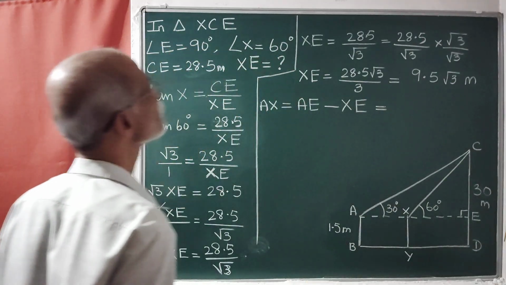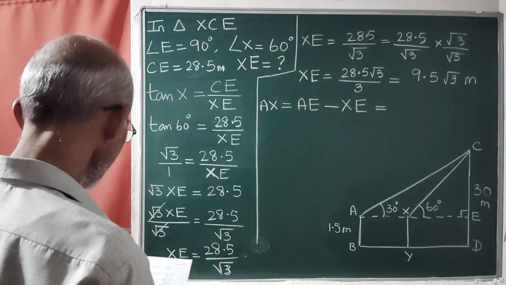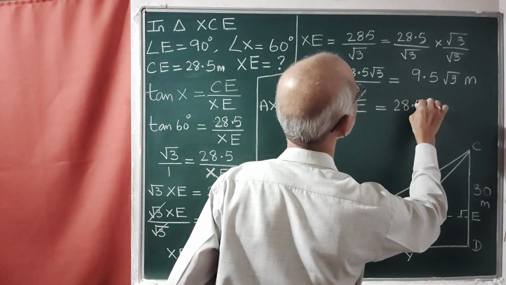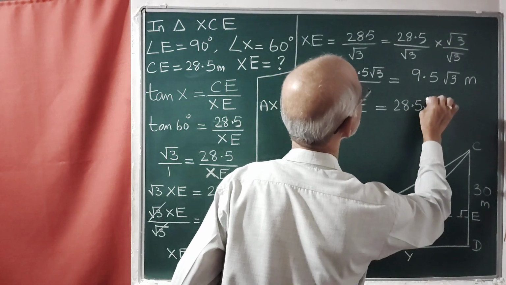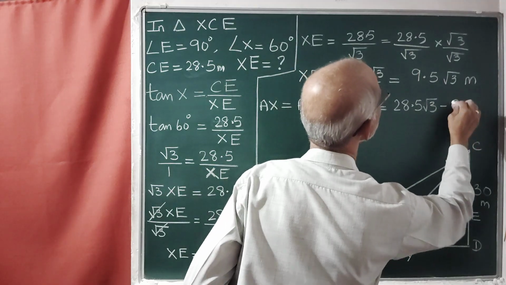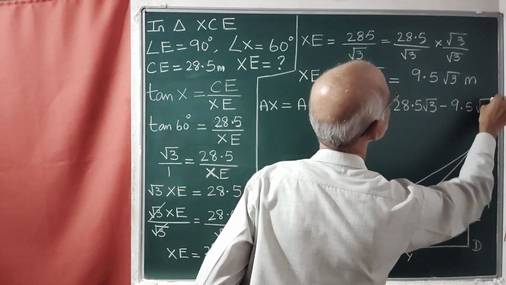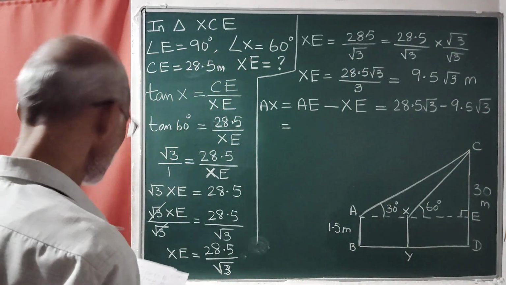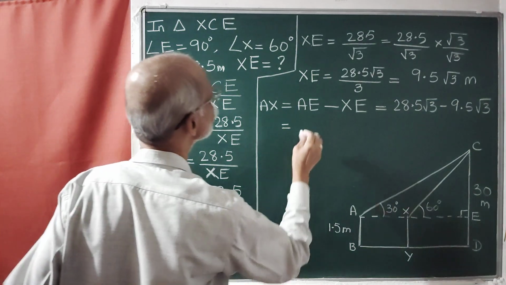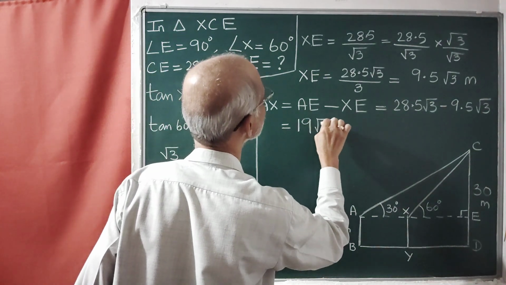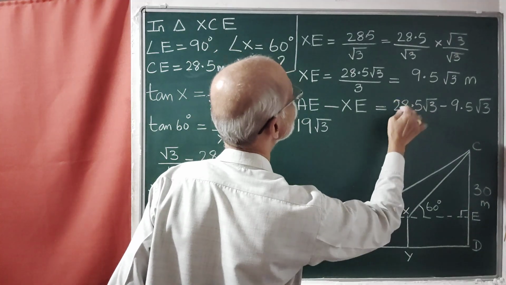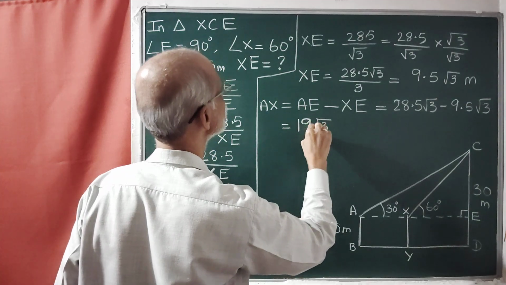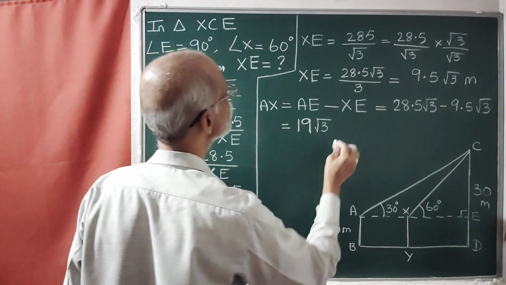That's 28.5 root 3 minus 9.5 root 3, which will be equal to 19 root 3. 28.5 minus 9.5 is 19. So the value of AX is 19 root 3 meters.